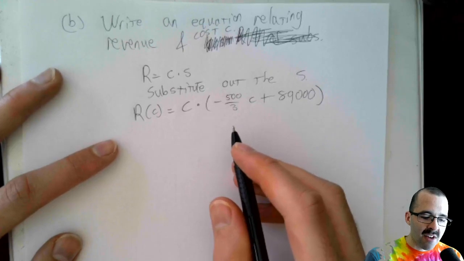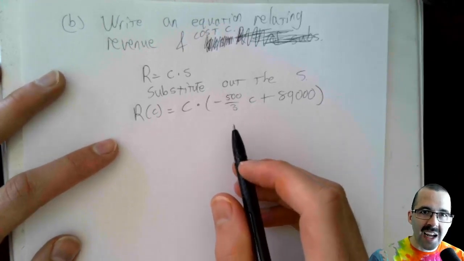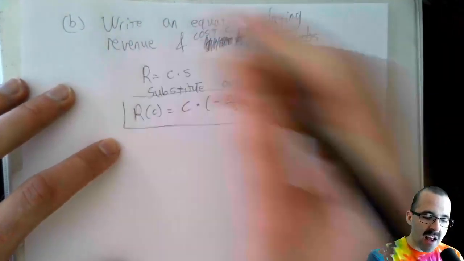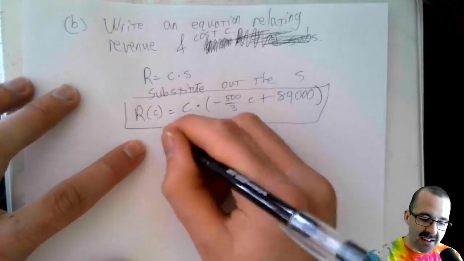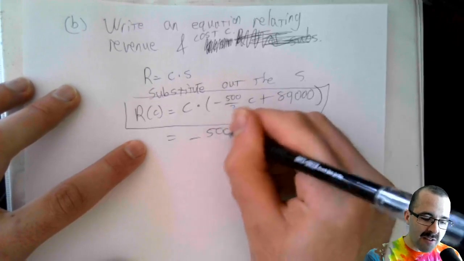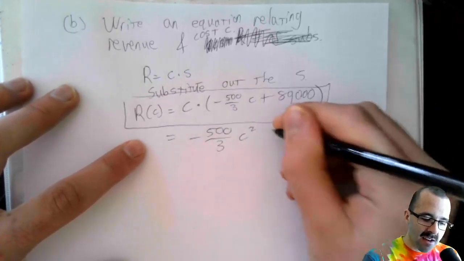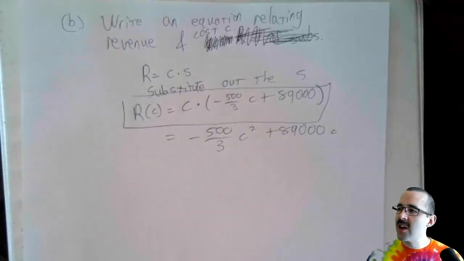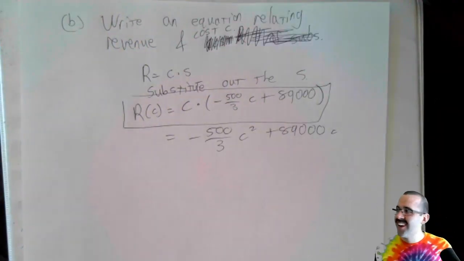And now we have, what do we have? We have a function of one variable that if we distributed, right? If we distributed, what kind of function would that be? If we distributed that C, we have a quadratic function. Wow!